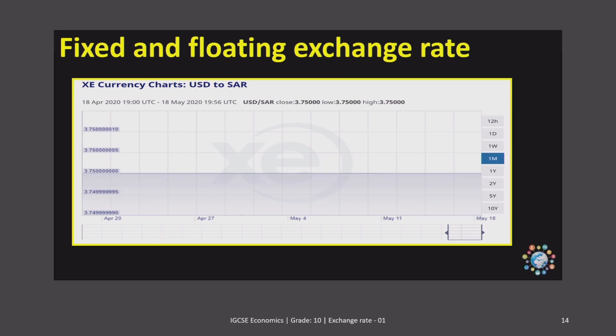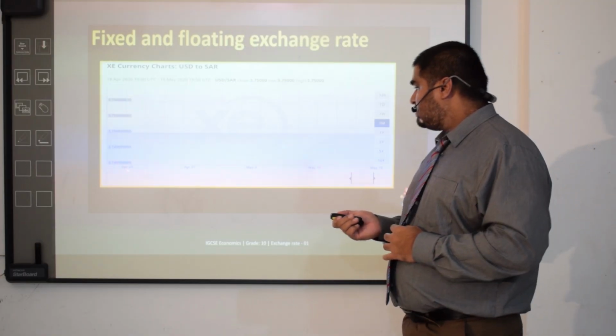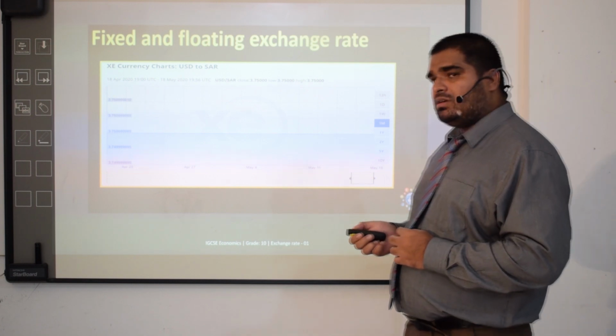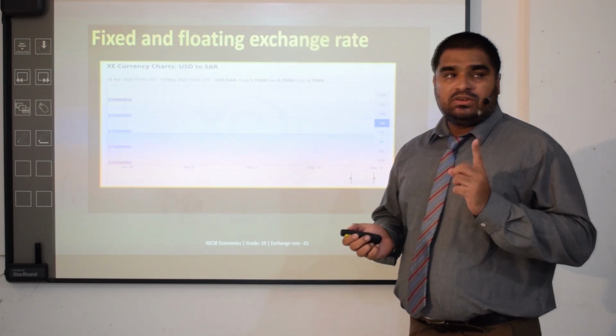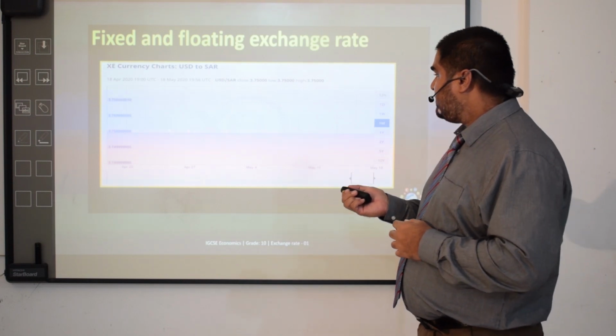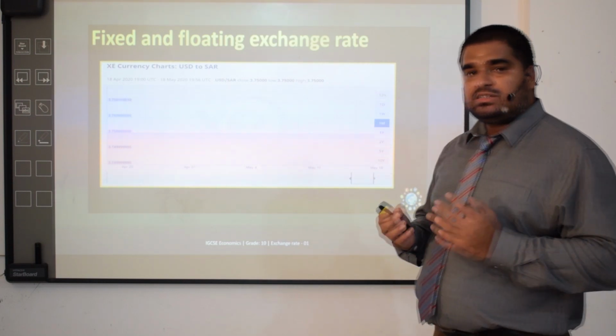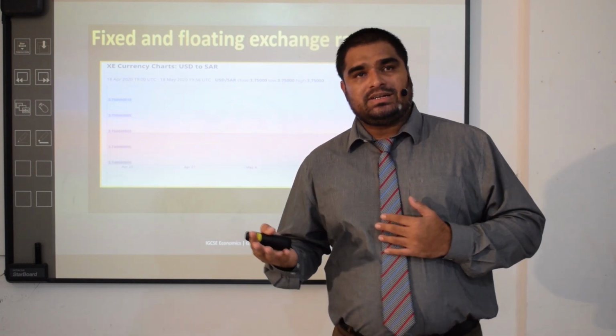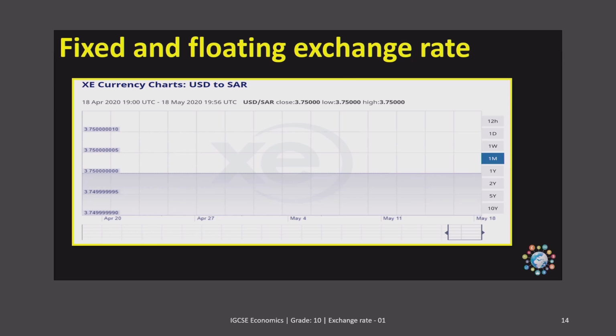As you can see, from April to May, for the past month, 1 US dollar is exactly the same as 3.75. There is no change. April it's equal to 3.75, and May also it's equal to 3.75.